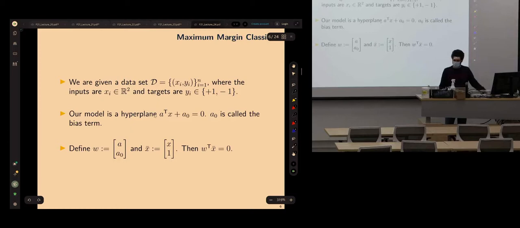And for the hyperplane model, we had basically A transpose times (X minus XC). Because A transpose times XC would give us a constant, we rename it to A naught, and this is the bias term.